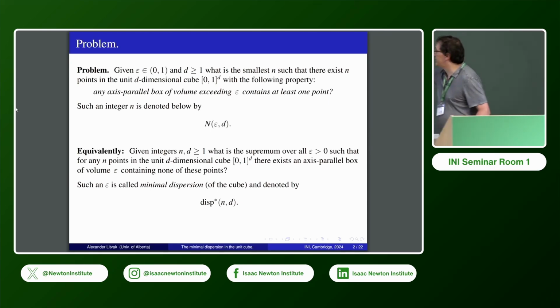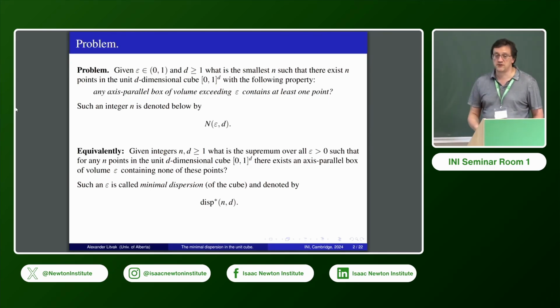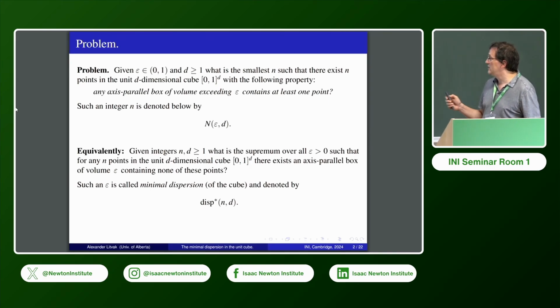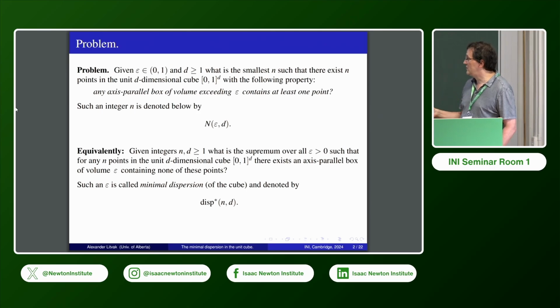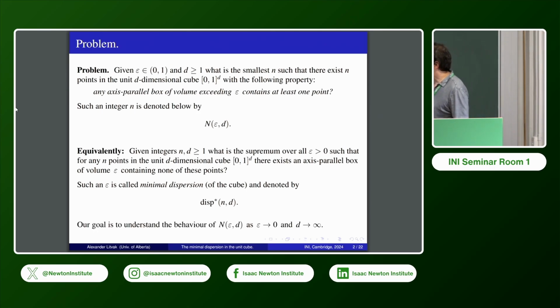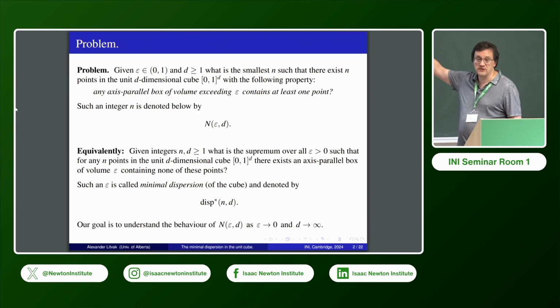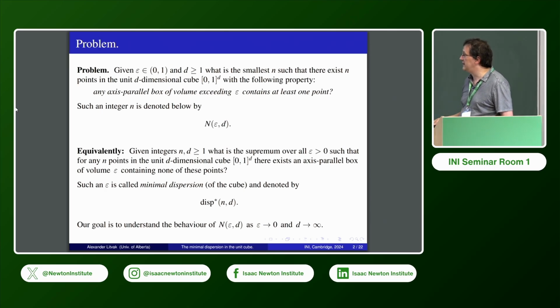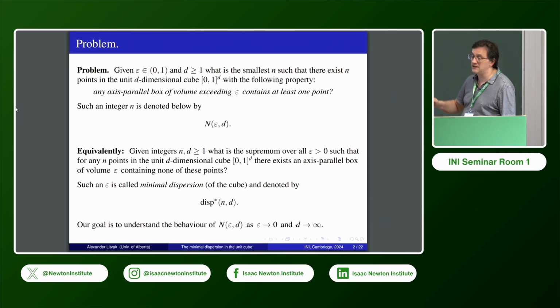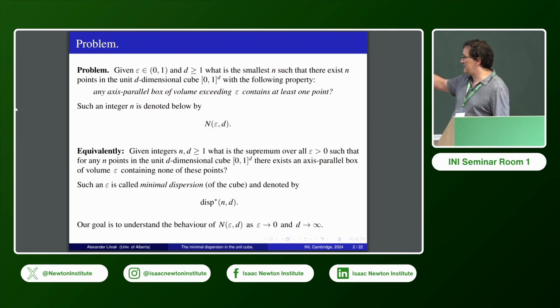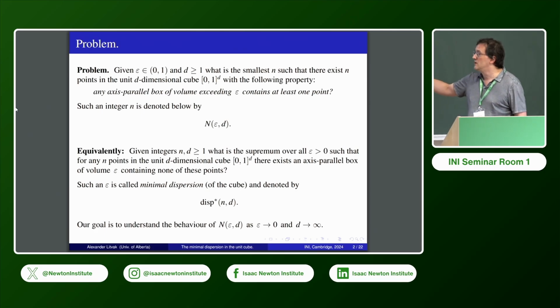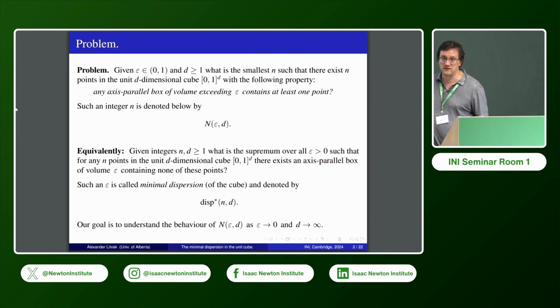Such a second formulation is called minimal dispersion on the cube, of course, and denoted by this. Our goal is to investigate these functions when epsilon goes to 0 and d goes to infinity. I want to emphasize that this is a function of two parameters, and I want to understand the behavior as a function of two variables, not fixing one of them.